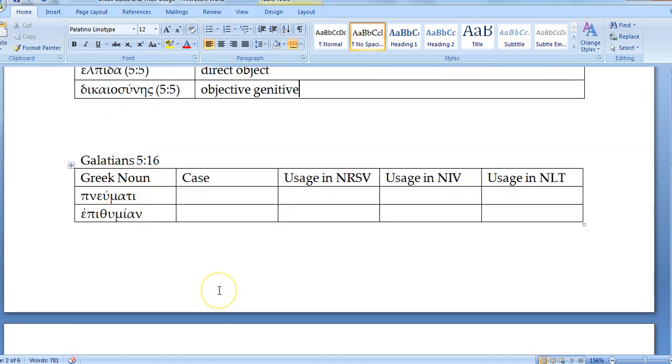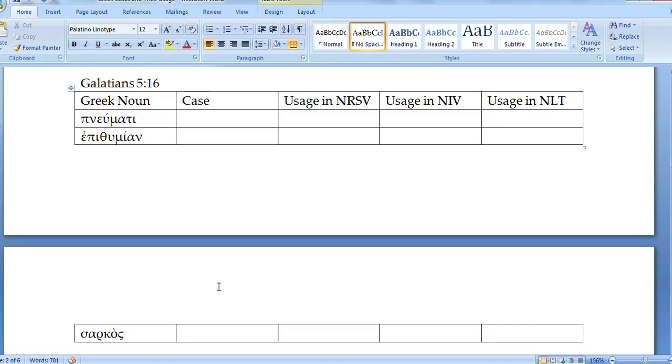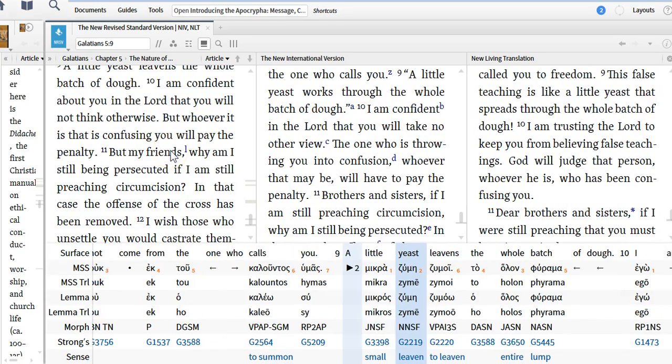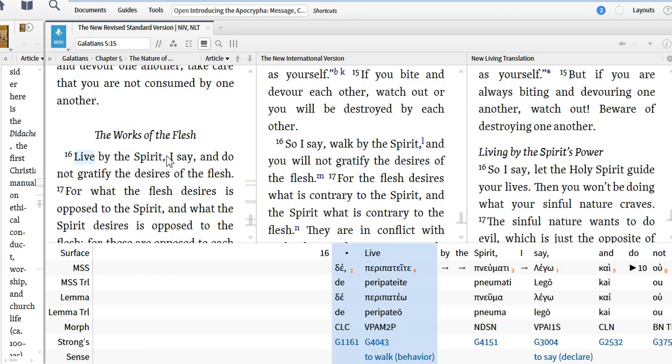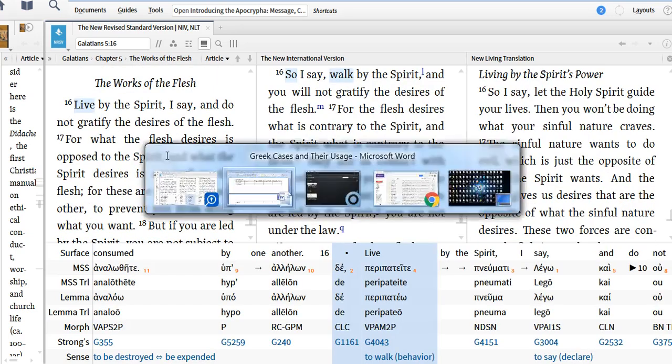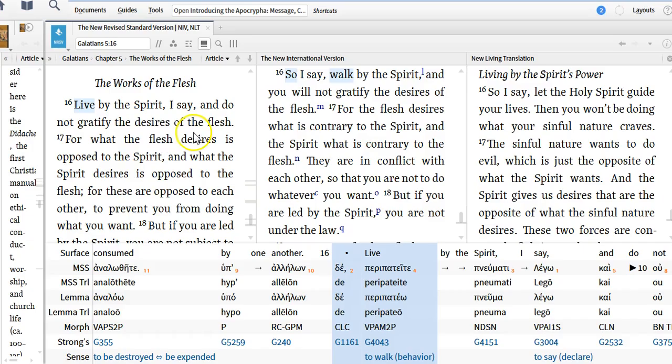As we go on in Galatians 5, I ask you to skip ahead to Galatians 5:16. And I ask you to look specifically at the words pneumati, epithumian, and sarkos. Pneumati is in the dative case.